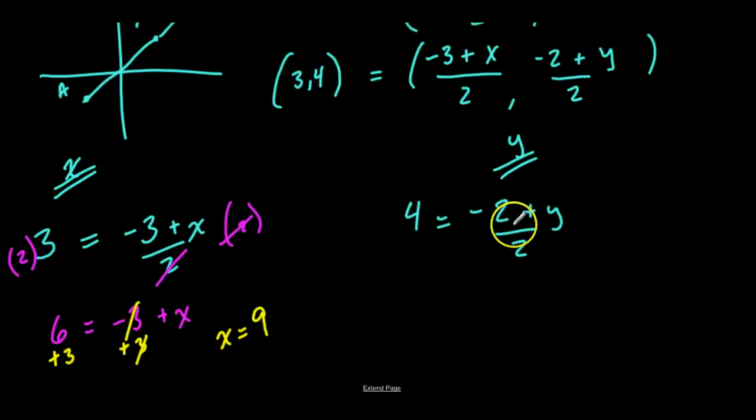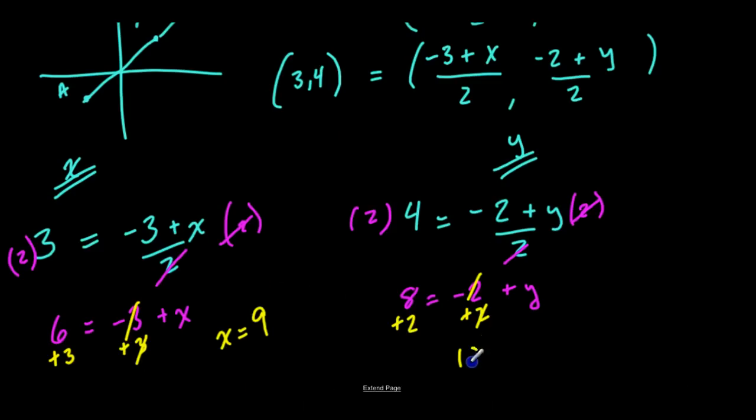Now we're going to do the same thing with the y values. We're going to multiply each side by 2 again to cancel out the 2 in the denominator, and I'm left with 4 times 2 is 8 equals negative 2 plus y. I'm going to add 2 to both sides on this one, and we figure out that y equals 10.